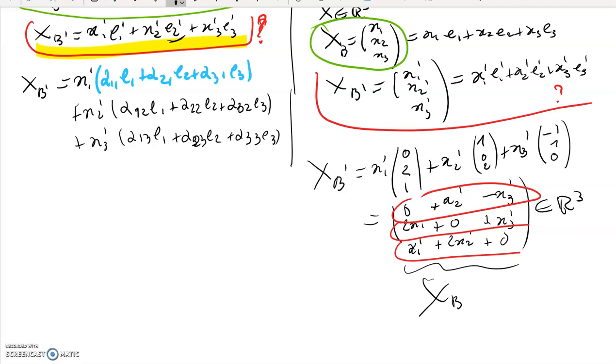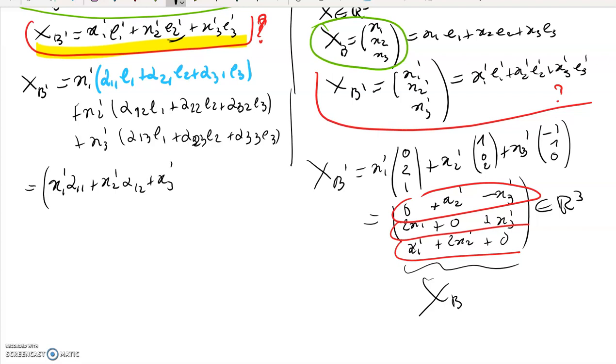How do we get there on the other side in general? Well, we just have to factor by the e's. I've got x1 prime alpha 1 1 plus x2 prime alpha 1 2 plus x3 prime alpha 1 3 times e1, plus some stuff for e2.